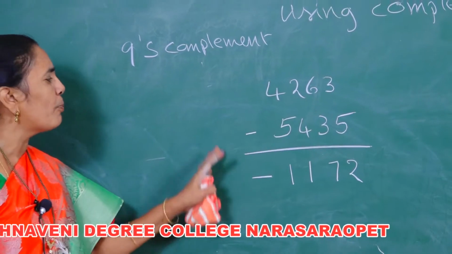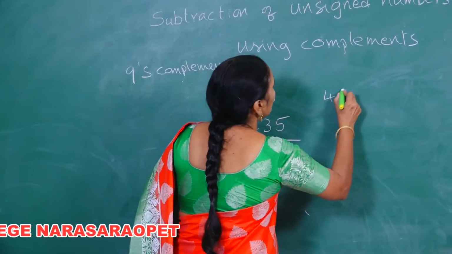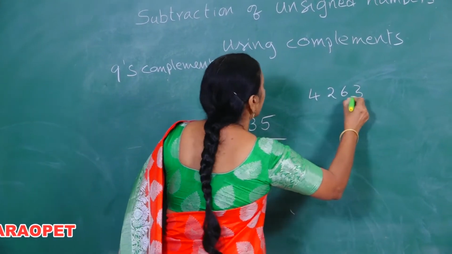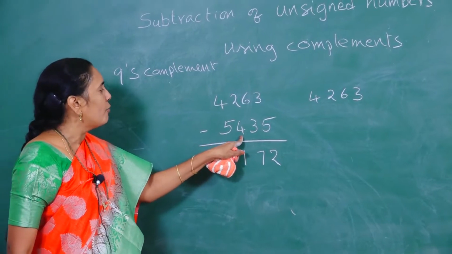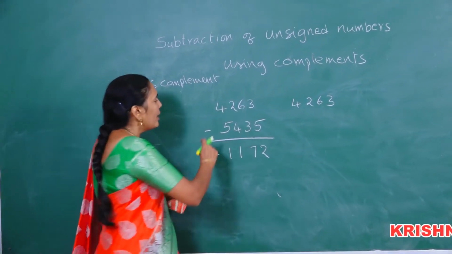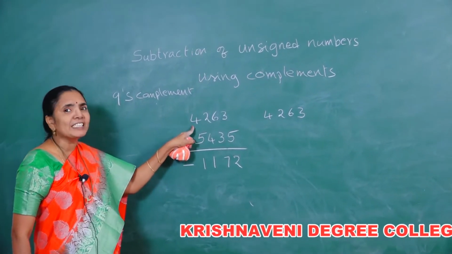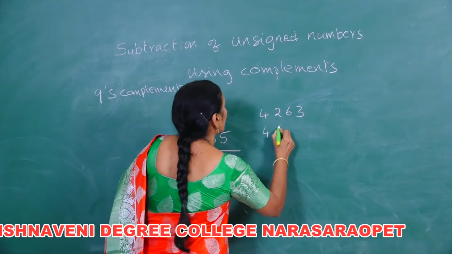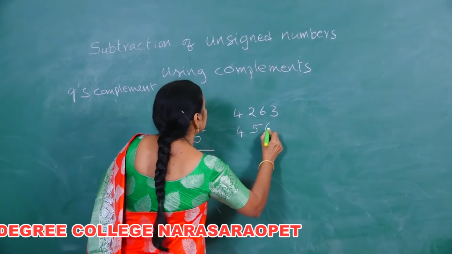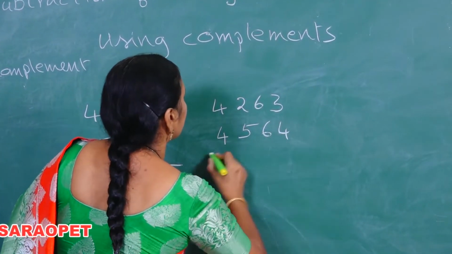Then how you are going to perform using 9's complement, that is 4263 is written as it is. Now you have to calculate the 9's complement of 5435. 9's complement is obtained by subtracting each digit from 9. 9 minus 5 is 4, 9 minus 4 is 5, 9 minus 3 is 6, 9 minus 5 is 4.